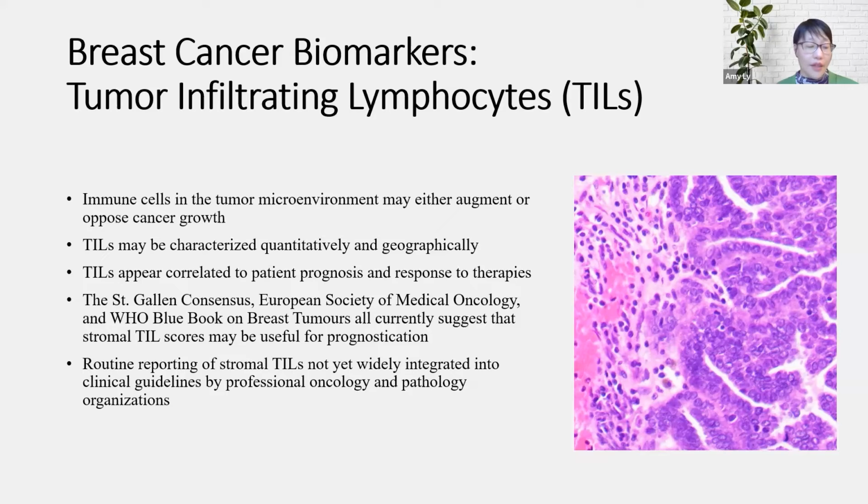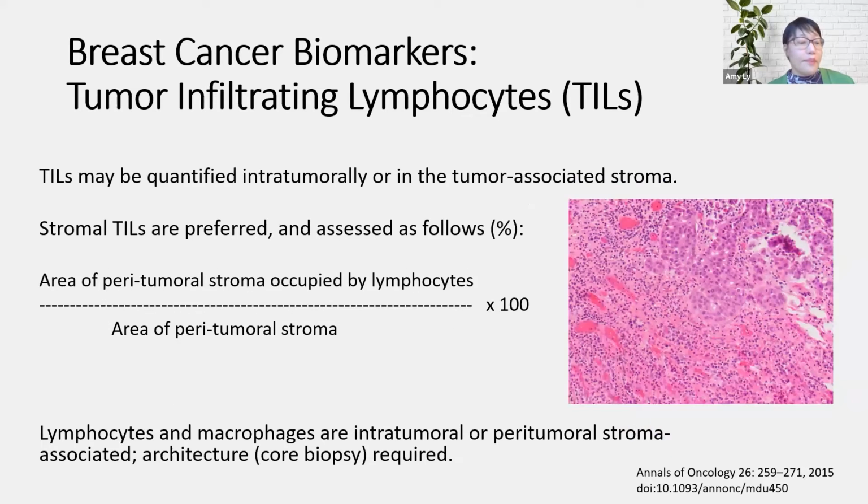So a growing body of evidence supports that the TIL density in the stroma is a robust prognostic and predictive biomarker in breast cancer. So, for example, high levels of stromal TILs in triple-negative breast cancers are associated with a decreased risk of recurrence, decreased risk of death, and they correlate with an increased response to certain therapies.